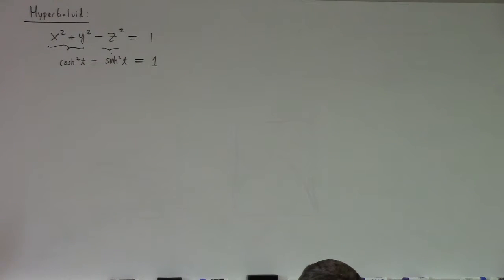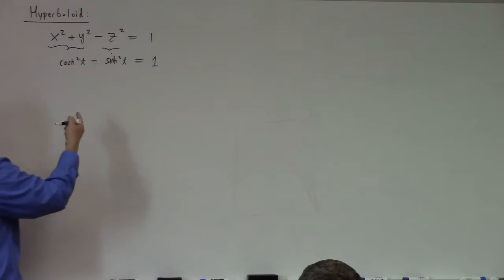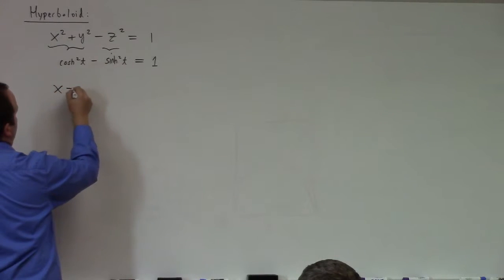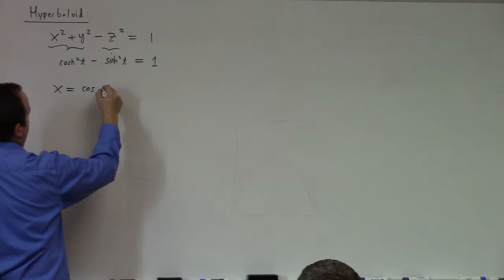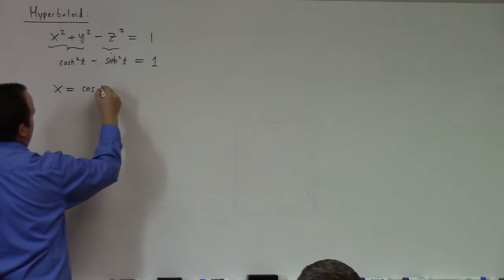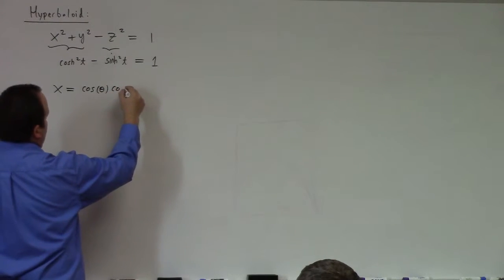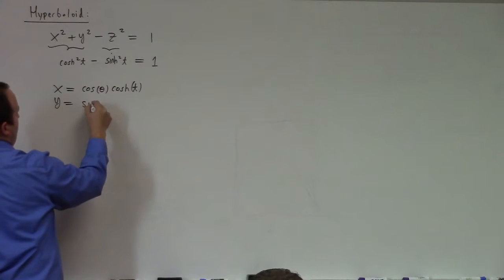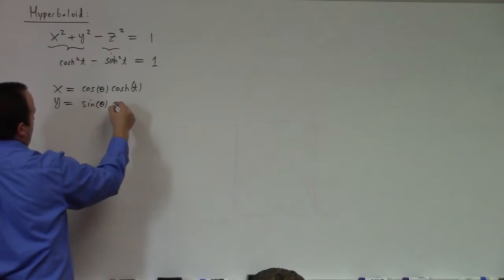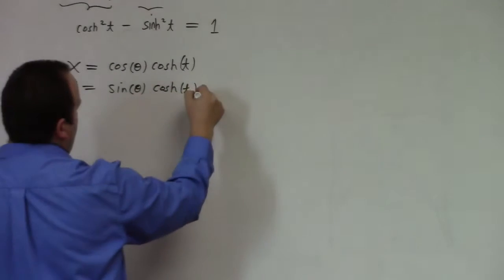So if that's my goal, then what I will do is I will let x equal cosine of, I need some other letter, let's say theta, times cosh t. And I'll let y equal sine theta cosh t. Now, the reason I do that is why.